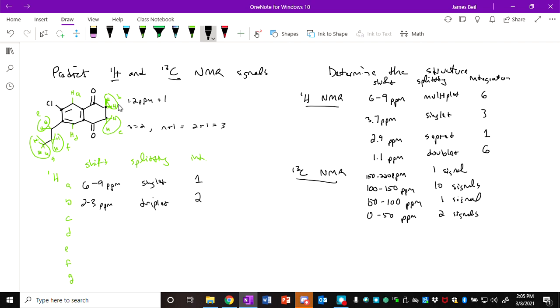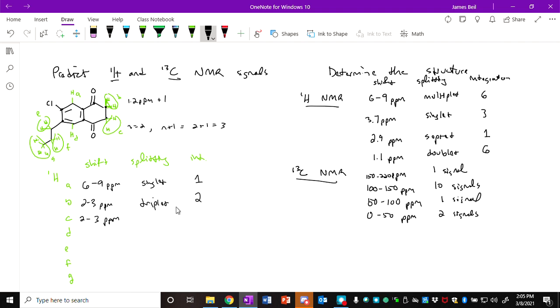So we did say B and C are not equivalent, but they're very similar because they both are 1 carbon away from a CO double bond, and they're both CH2 groups. So I would expect their shifts to be very similar, and that might overlap.